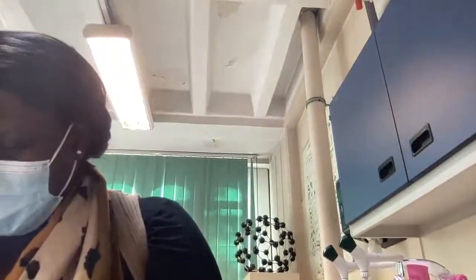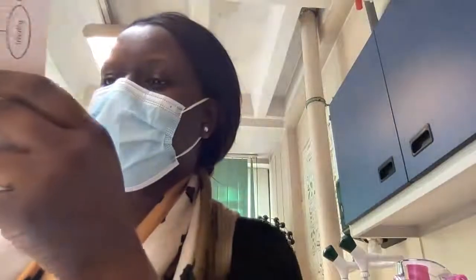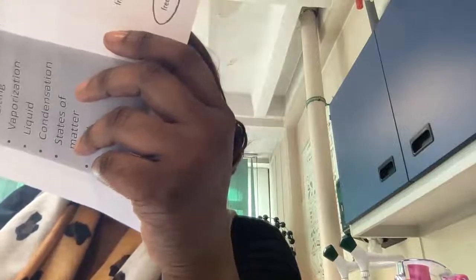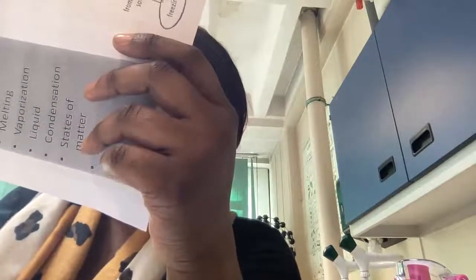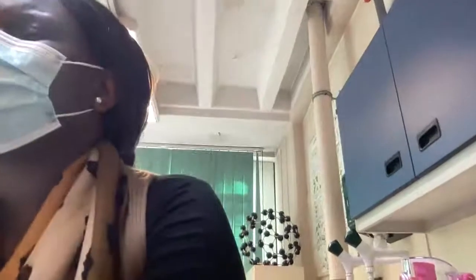What is column C? Column C, let's do physical properties. Italian dressing can be liquid, right? But that's a state. Oh, that's the matter. Physical properties of Italian dressing.